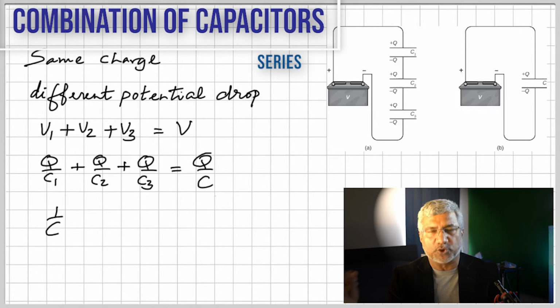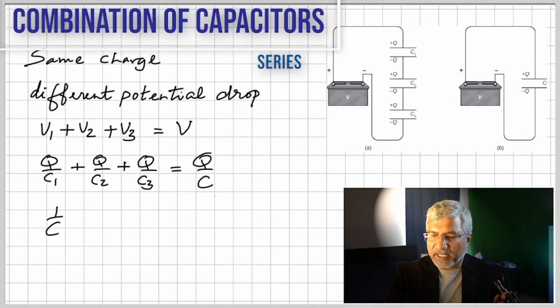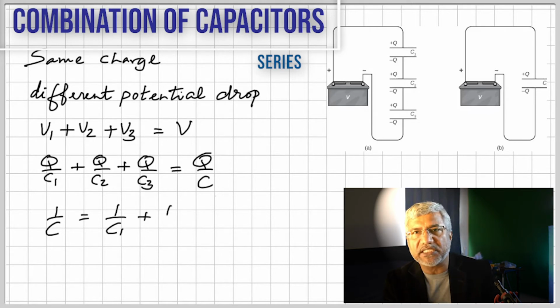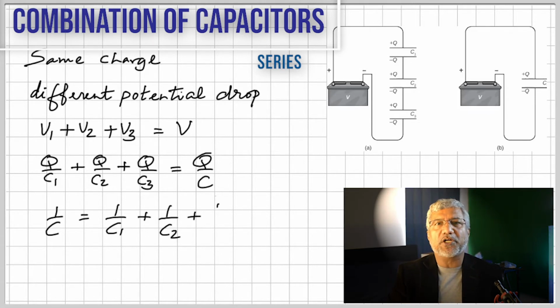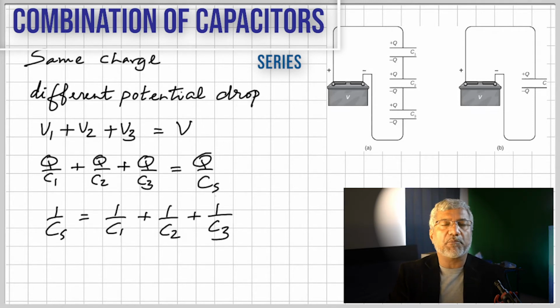We may call it the total capacitance, but it's the equivalent capacitance. In that case, when it's connected to the same battery, it should have the same charge. That's where you get this. Mathematically, the Q's get cancelled, and we get 1 over C is equal to 1 over C1 plus 1 over C2 plus 1 over C3.